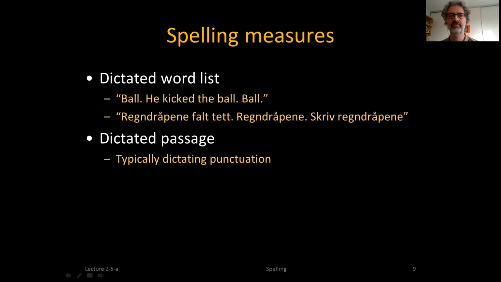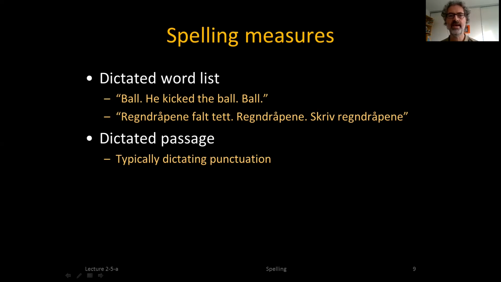It is important that with both kinds of tests, the rate of progress is determined by the child. So you wait until the child has written what you've dictated before you dictate the next piece or the next word. It's also important that you don't say too much, so that the child doesn't need to try very hard to remember and can concentrate on the spelling task.